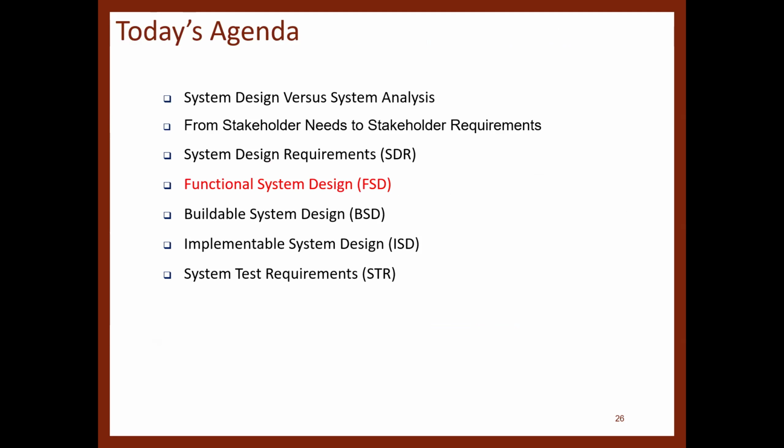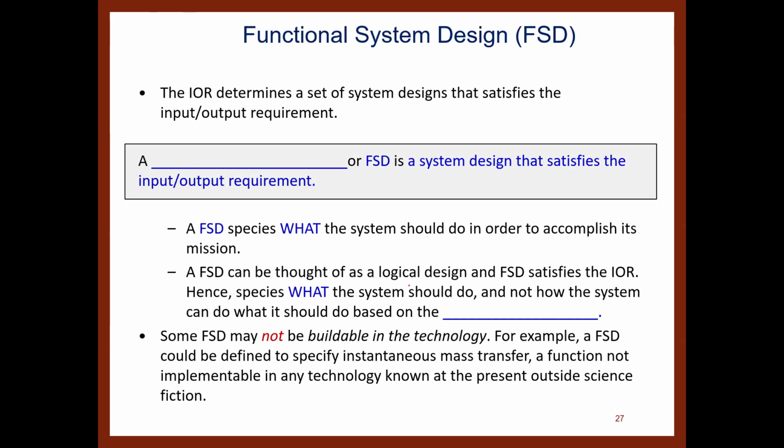We are moving forward. Now we want to start looking at the functional system design. The input-output requirements determine a set of system designs that satisfy the input-output requirements. A functional system design, or FSD, is a system design that satisfies the input-output requirements.